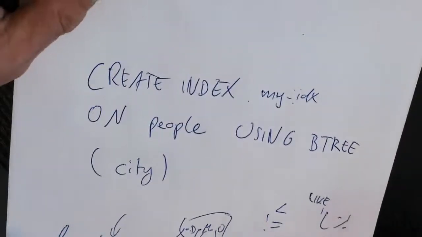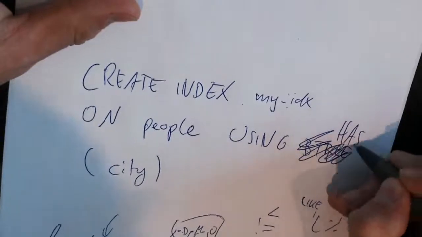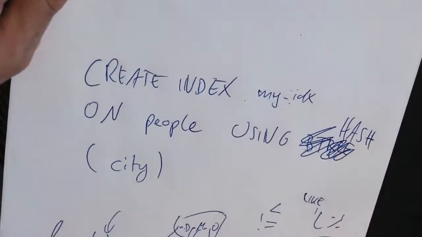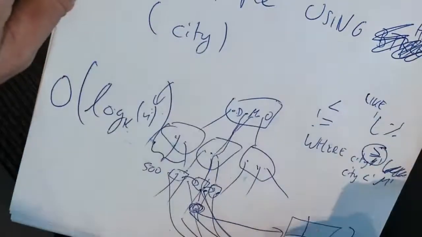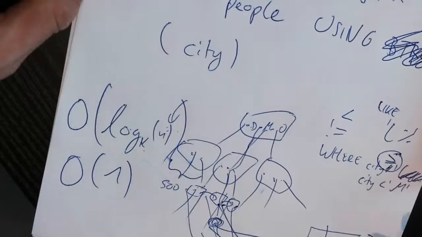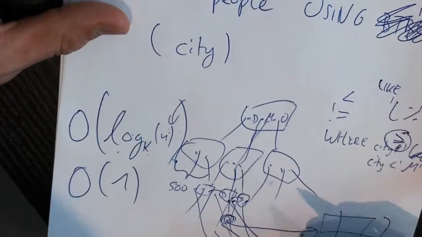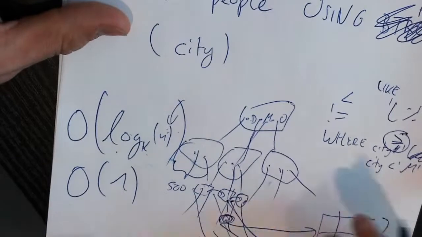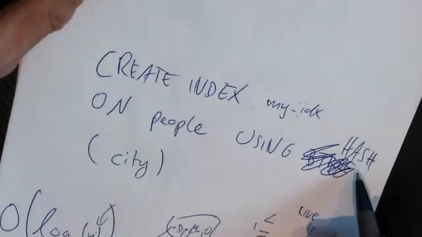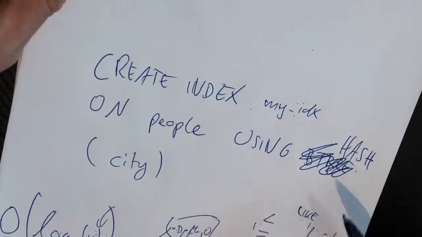But you can even decrease the cost by saying I want a hash index. Hash is not in O of log_k of n. A hash index is in O of 1. So independent of how large your table is, the cost of accessing a specific row is always the same. That's very nice. The hash index is also supported in PostgreSQL and Oracle and so on.